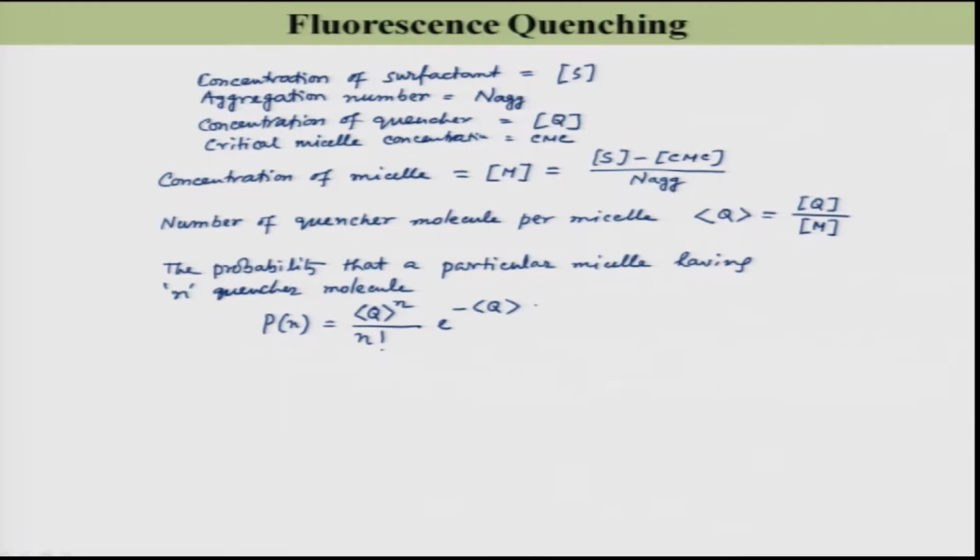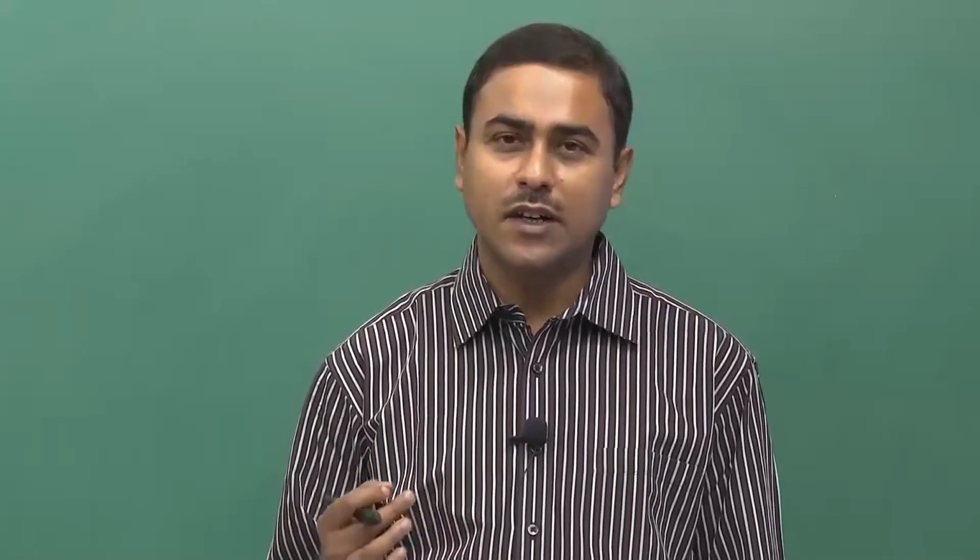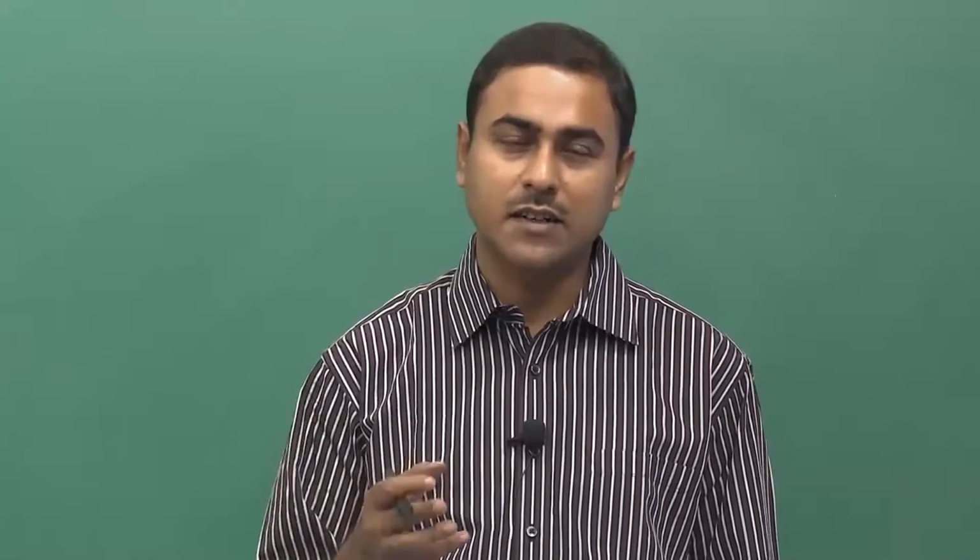Now, I will take two assumptions which are obviously valid assumptions, right. The first one is that the fluorophores and quenchers are such that both can be present in the micelle. It is not that the fluorophore is completely hydrophilic, it is a charge, and the micellar surface is positively charged, the fluorophore is also positively charged.